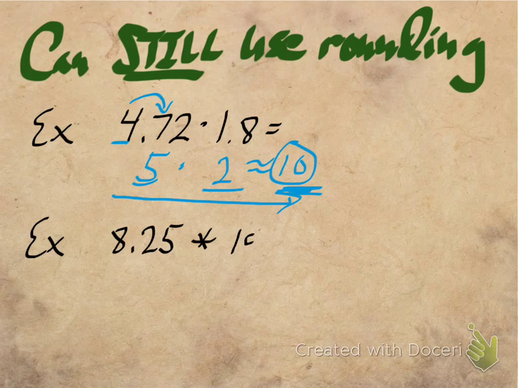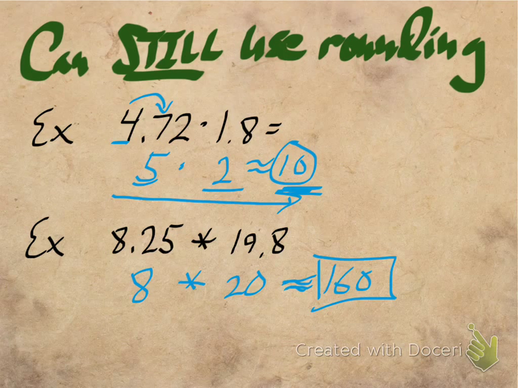Now let's try another one. 8.25 times 19.8. Again, if I round to the nearest whole number, this is going to make this much easier. 8.25 will round to 8, and 19.8 will round to 20, and 8 times 20 is going to be about 160. Actually, it's exactly 160, but since we rounded these numbers in the first place, the estimate is 160. And let's get in the habit of either circling or boxing our answers.